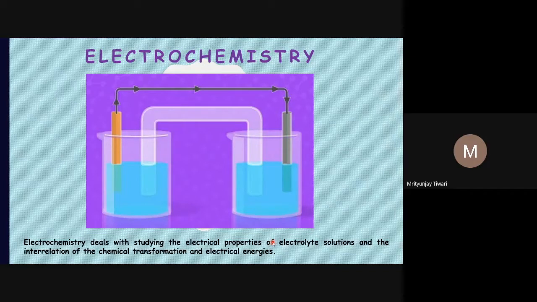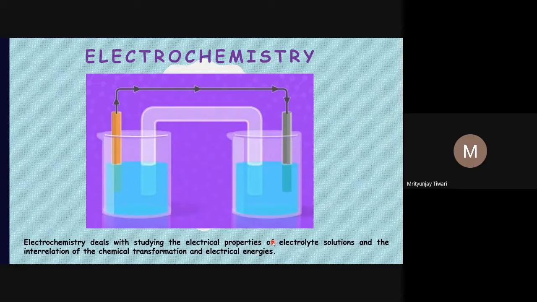Only oxidation or only reduction cannot happen, because electrons cannot have a free existence. They are always found combined with particles. They can be produced for a certain time, but they cannot exist independently.